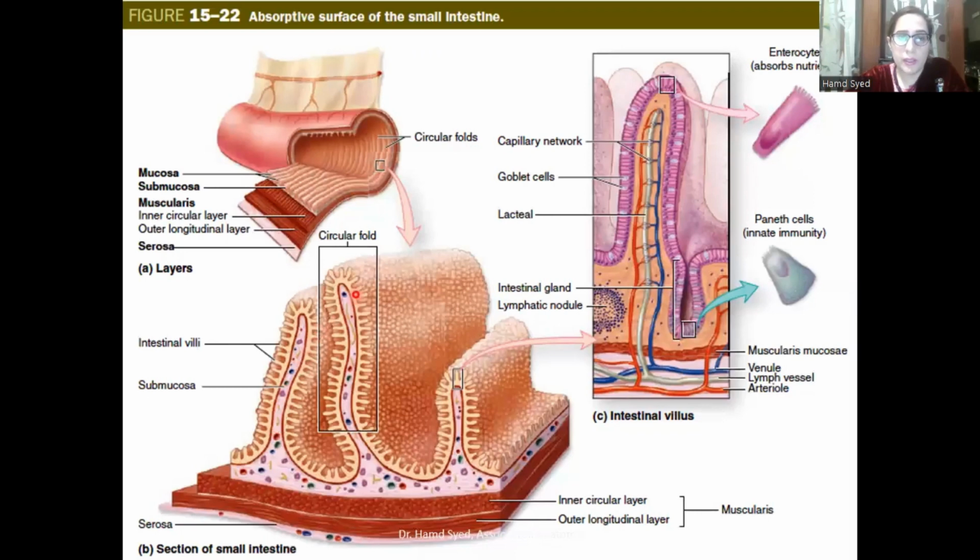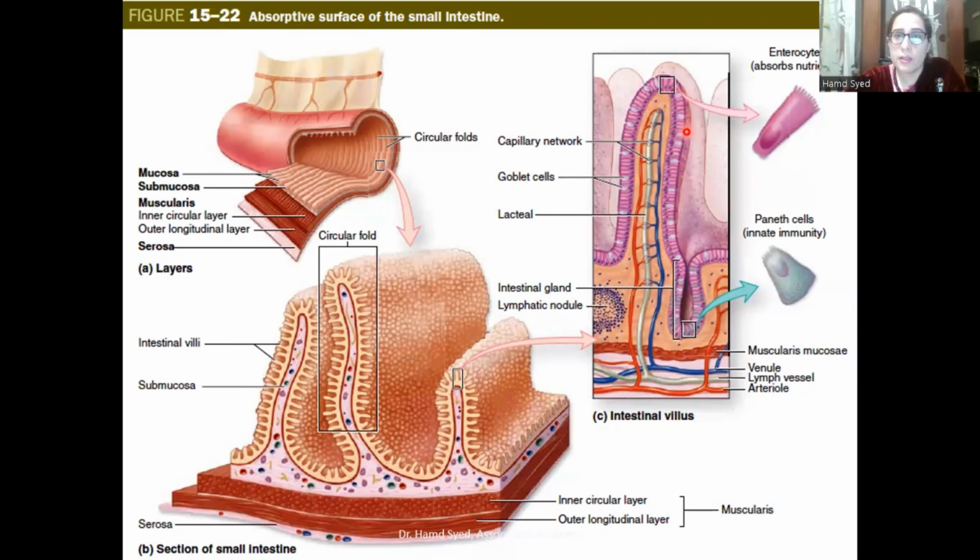And the innermost mucosa further has these finger-like projections into the intestinal lumen. These are the villi. Now let's magnify a single villus. And here now in this inset, you can see a single villus, and it is lined by these tall columnar cells, which are also known as the absorptive cells or the enterocytes.